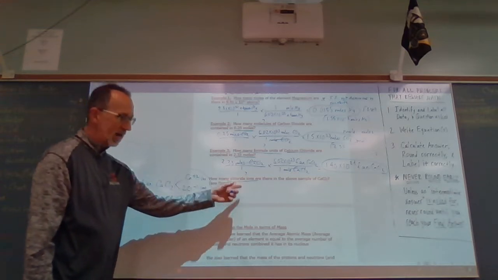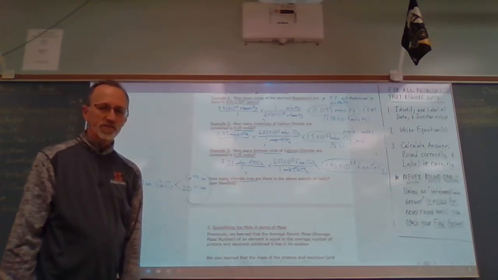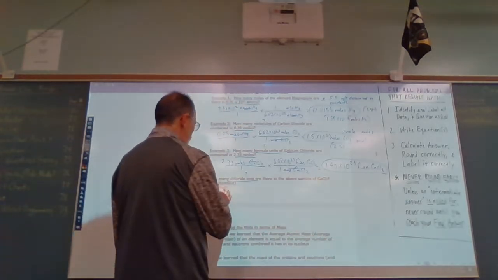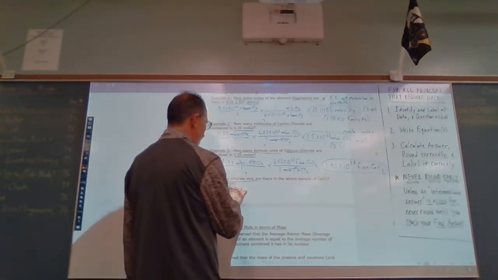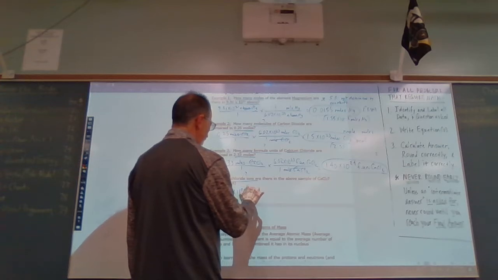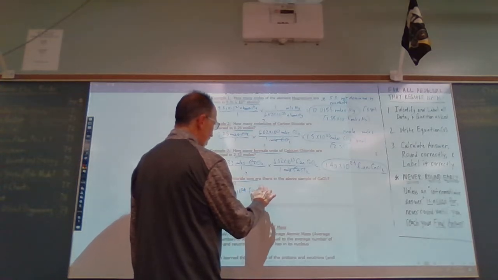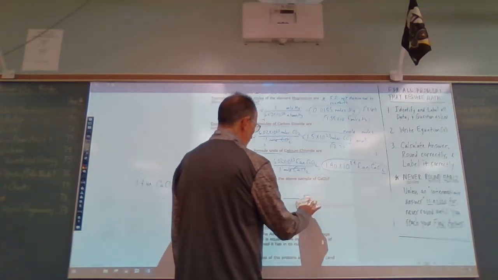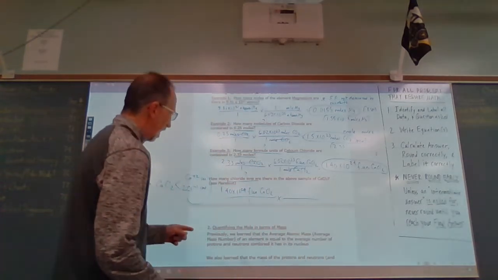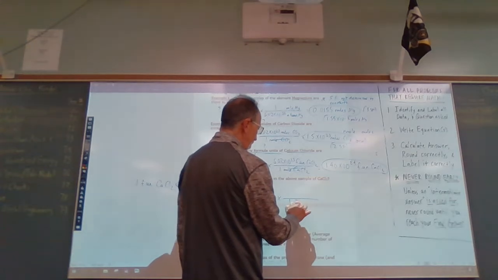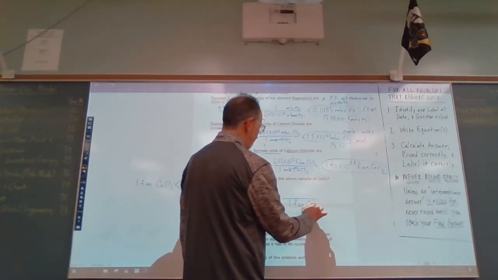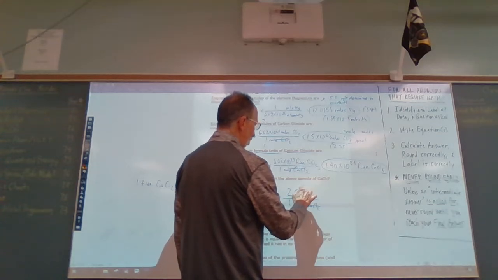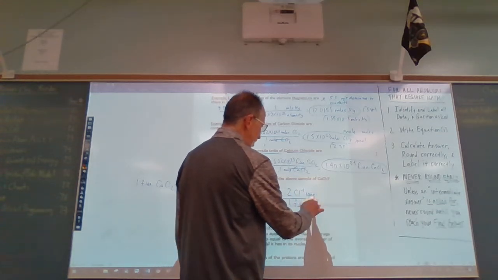In this case, we're asked about chloride ions, so we use this as a conversion factor. So we're going to take our answer up here, 1.40 times 10 to the 24th formula units of calcium chloride. Put that over 1, and now we know that in 1 formula unit, we'll put that down at the bottom so they cancel out, there are 2 chloride ions.